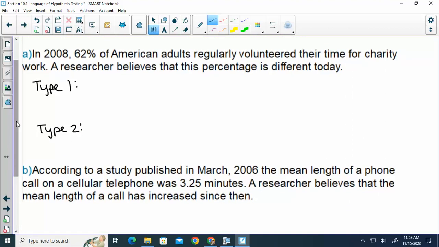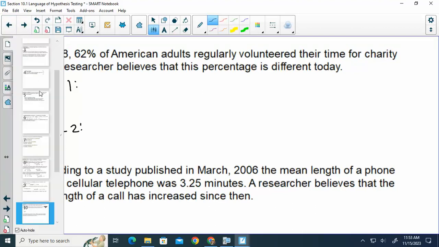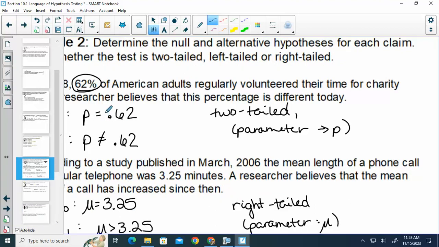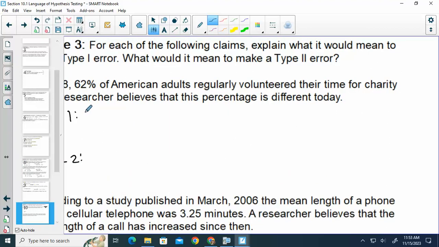Okay, so this is going back to the first two examples, the A and B on example 2. On example 2, we said the null was the proportion equal to 0.62. The alternative was the proportion is not 0.62. So type 1, that means we conclude H sub 1.